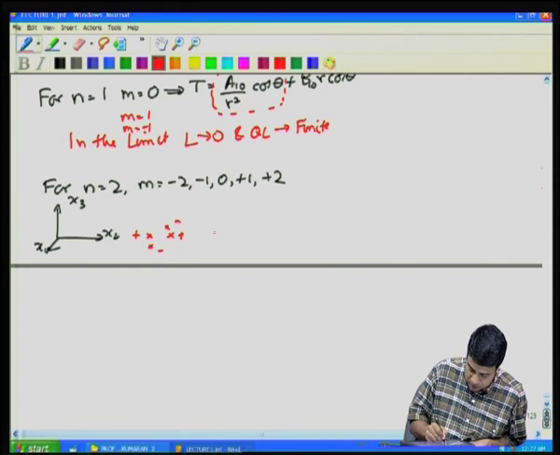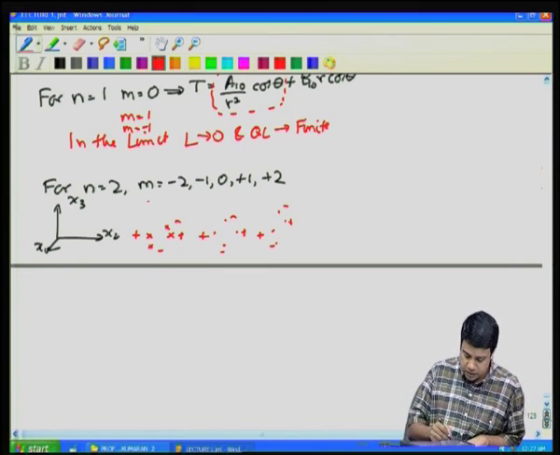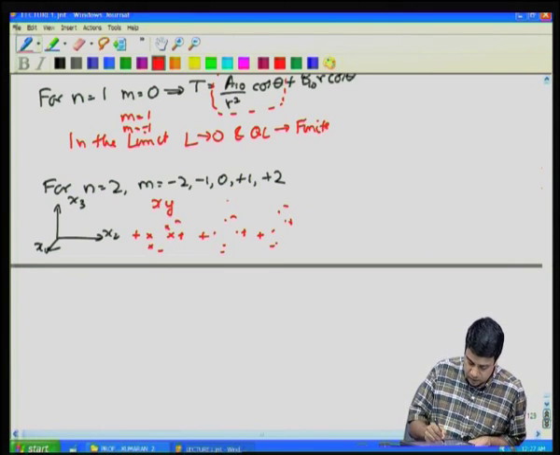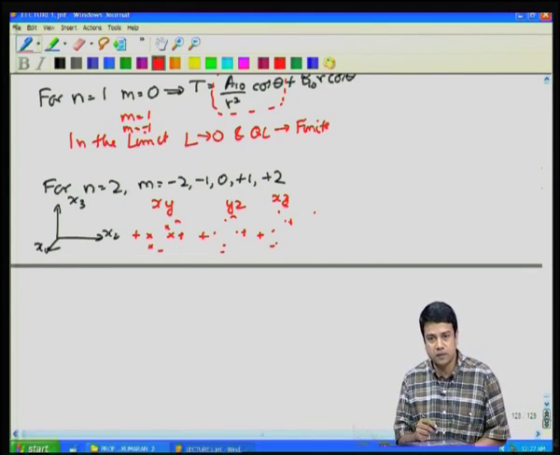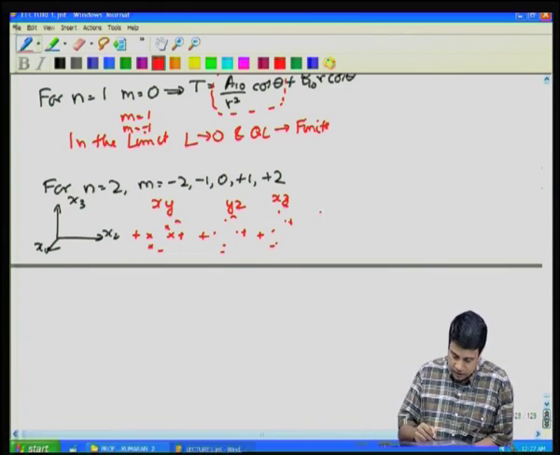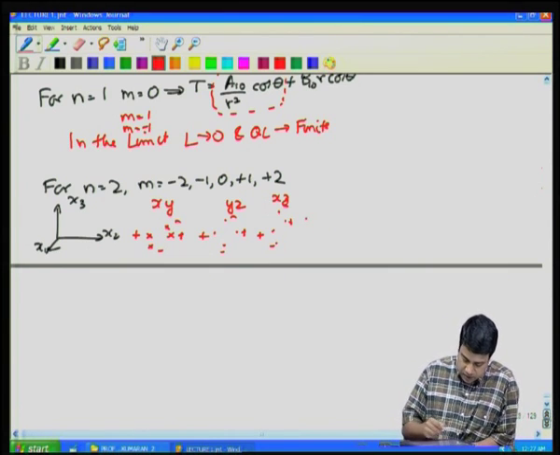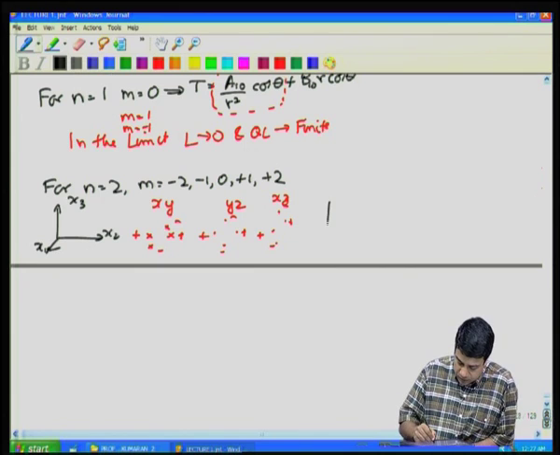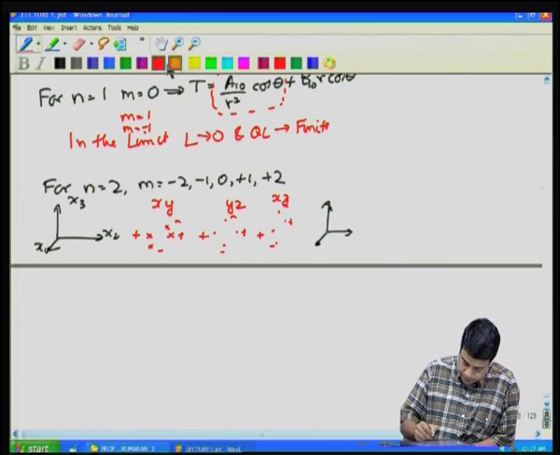Then you have 2 sources and 2 sinks along the x and z axis. Then you have one along the other axis, and these correspond to the x y, y z, x z. Then you have one that is basically called x square minus y square, in which you have a source and sink that is arranged along the x y plane, but not along the axis.